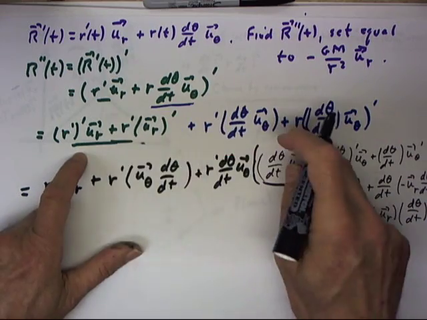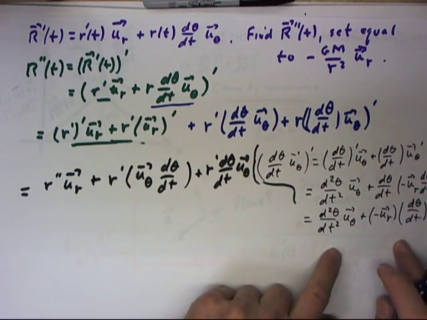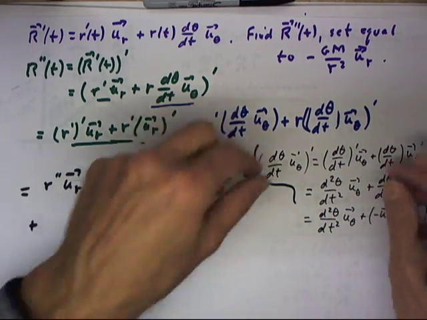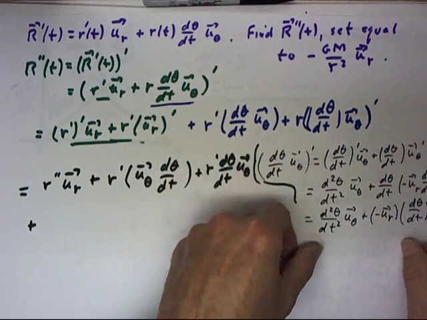Okay, these three terms are just fine. This term comes out to be equal to this. Well, actually, this derivative comes out to be equal to this.